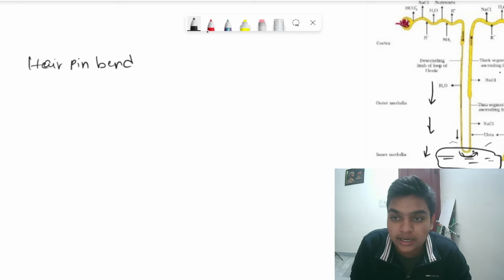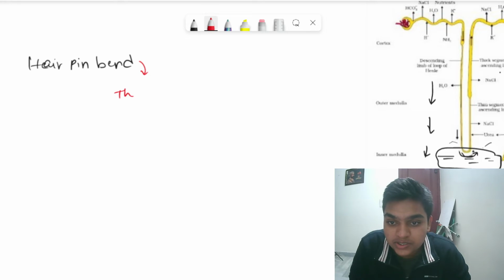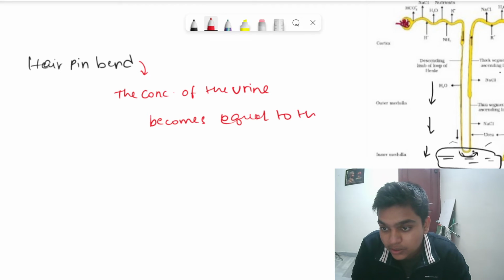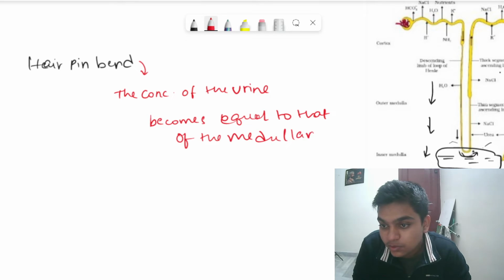So at the hairpin bend, the speciality is that the concentration of the urine becomes equal to that of the medullary fluid.